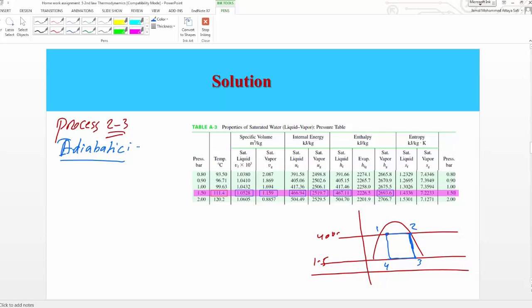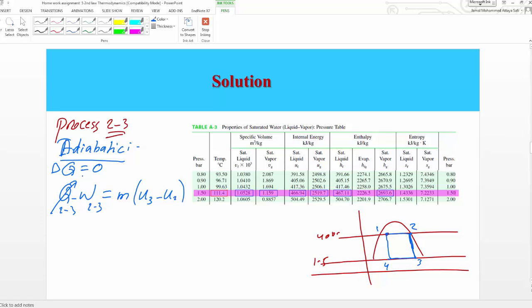What does it mean? Adiabatic means that Q, delta Q, is equal to 0. So there's no heat exchange. And if I write the first law of thermodynamics now, Q minus work, this is from 2 to 3, is equal to m (U3 minus U2), right?